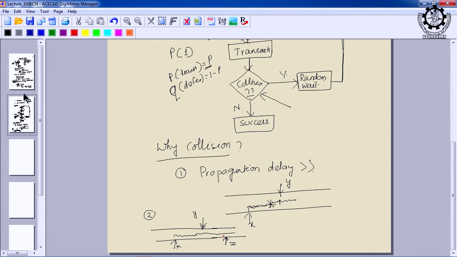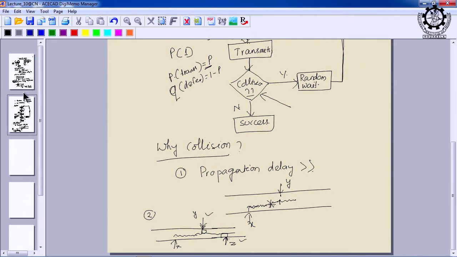Y finds the carrier busy, Z finds the carrier busy. So, what do they do? They persist for the channel, and as soon as the channel is free, they will start sending their data. At that time there could again be a collision.